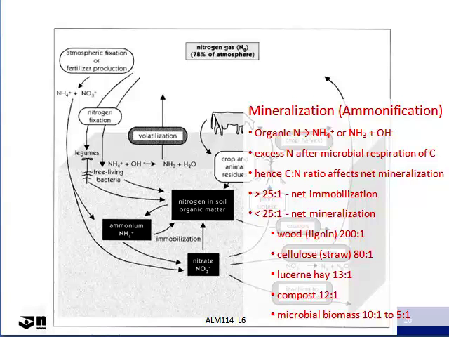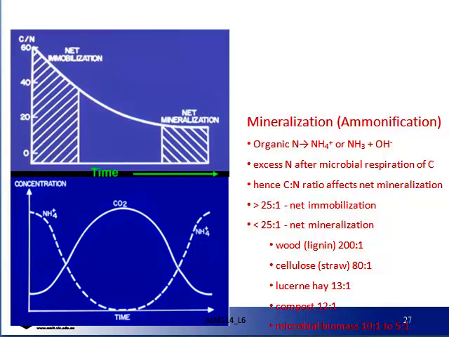The top graph on the slide provides evidence for the relationship of nitrogen process and C to N ratio. When the C to N ratio is high, that is greater than 25:1, immobilization occurs. As the C to N ratio drops, net mineralization then picks up. As these processes change over time, you will also note that ammonium concentration changes over time.